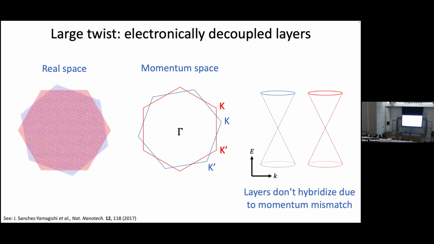So what about when you stack them? Actually, there also, you have quite some degree of freedom. So let me first talk about the case where there's a large twist angle between the two layers. Then the low energy states sit at these K and K prime points at the corners of the Brillouin zone. And if there's a very large twist between layers, there's also a large twist in momentum space.